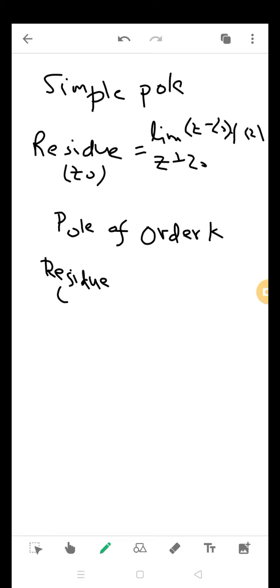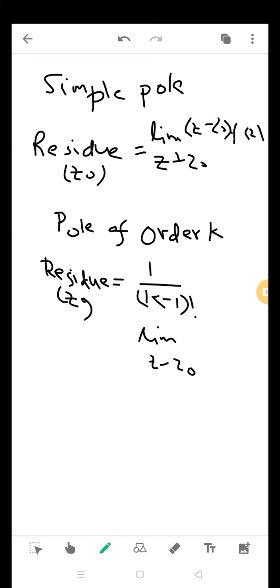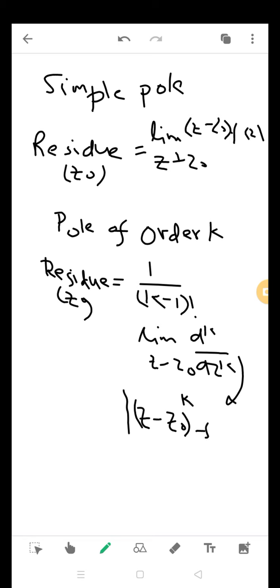at z0 is given as 1 by (k minus 1) factorial, limit z tends to z0, of the derivative of order (k minus 1) of (z minus z0) to the power k into f(z).